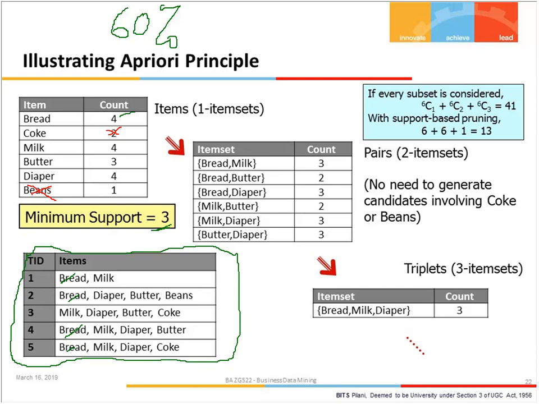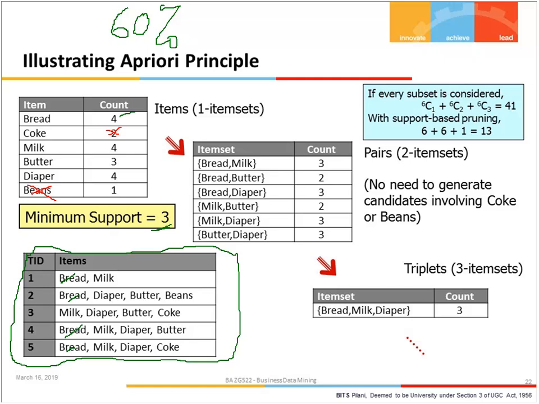Now from 1-item sets, we need to generate 2-item set candidates. Bread is frequent and milk is frequent, so we will consider bread and milk together as a 2-item set, and see whether it is frequent. Similarly, we can do bread and butter, bread and diaper, milk and butter, milk and diaper, butter and diaper.